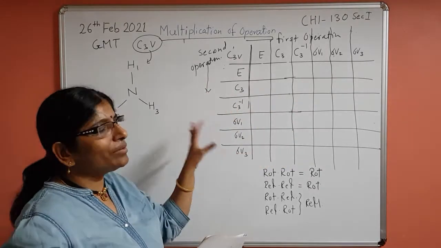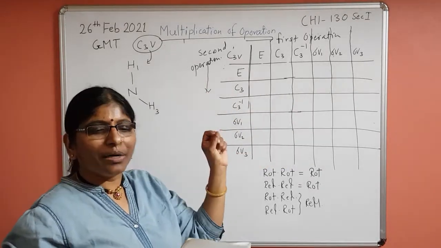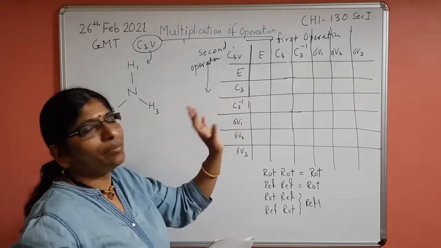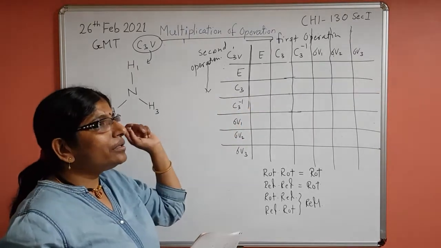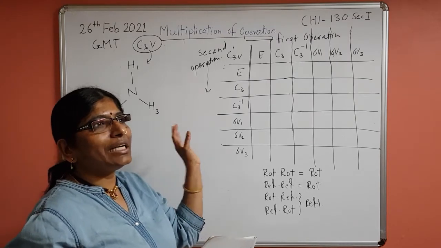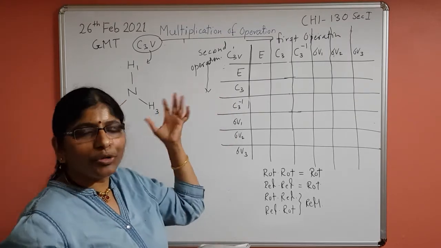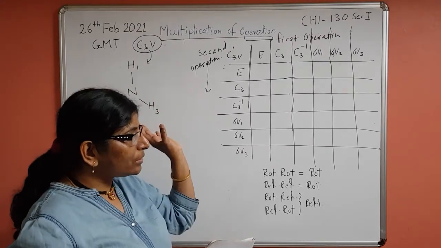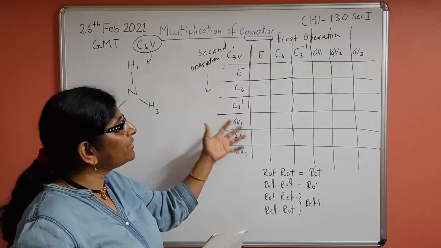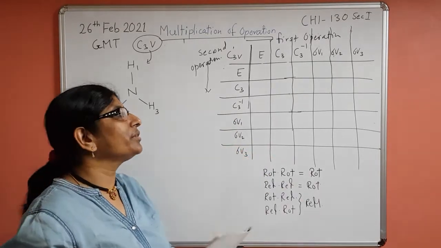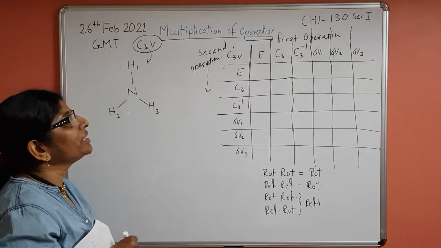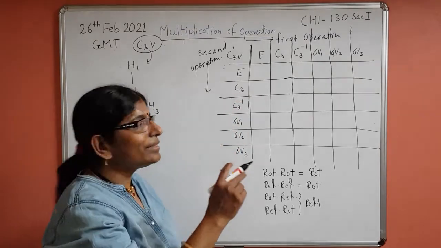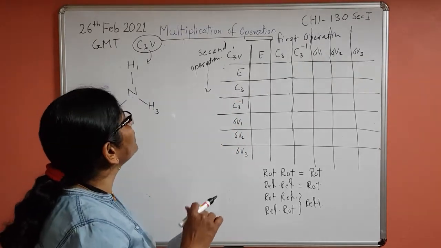Most of the time this table will be for 4 marks in the NET exam, or 5 marks in our SPPU syllabus, and almost 99% of the time this C3V point group will be done using geometry. One more help from this table will be in the next topic, the collection of symmetry elements, where we divide these operations into different classes. That time we are going to use this C3V point group.